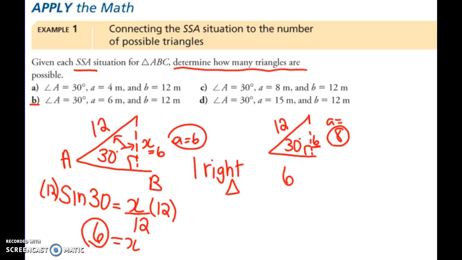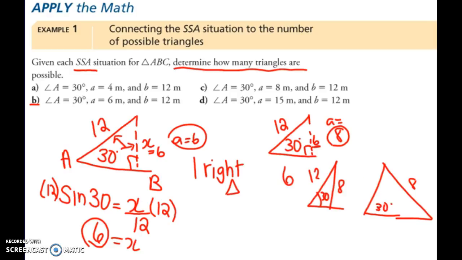So this would form two triangles because we could swing the side here, which would be 8, or we could swing it wide, and that would be 8. So in this case, since we only needed 6, but we had 8, this forms two triangles.